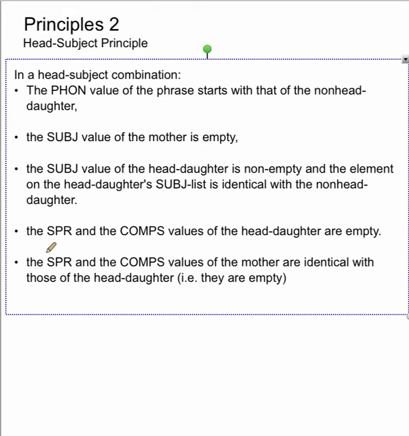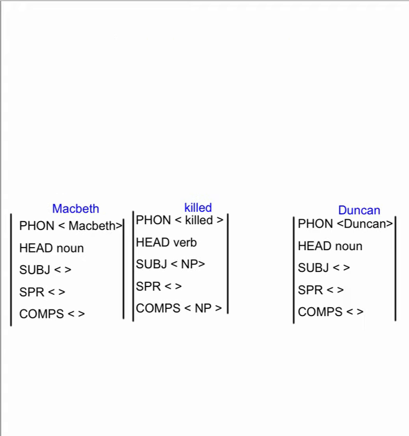The other bullet points, as we saw, have to do with the valence lists. In the head-subject combination, the subject value must be empty on the mother, must be non-empty on the head-daughter, and the element on the head-daughter subject list must be exactly the non-head-daughter. So let's include that here.